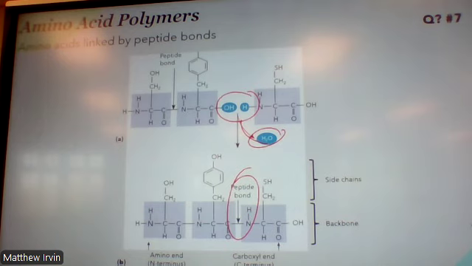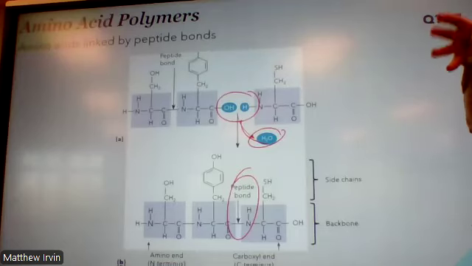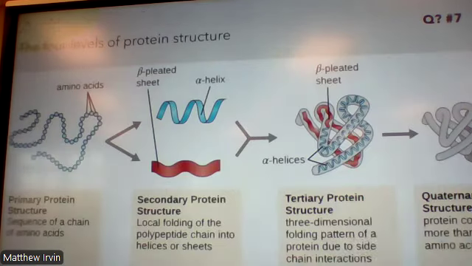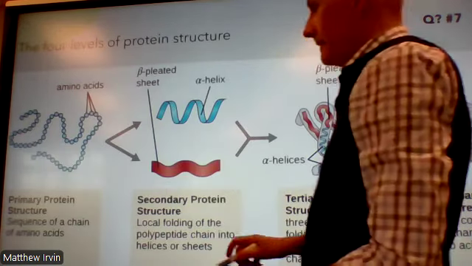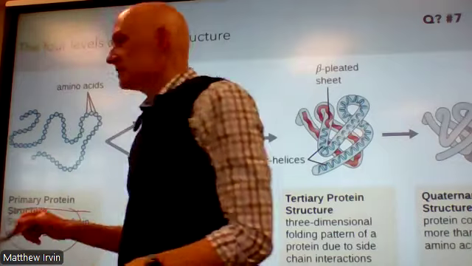That's the sequence. So when we did the central dogma and talked about translation and the putting together of the sequence of amino acids using the ribosome and the A site and the P site and the E site and the anticodon and the codon, that's building this primary structure. This is just our sequence of amino acids.